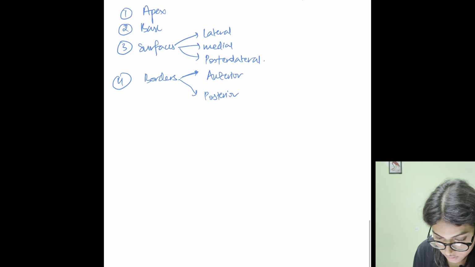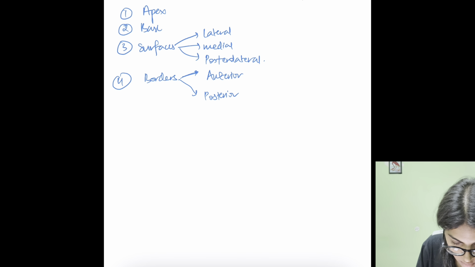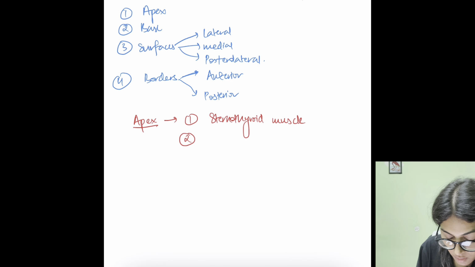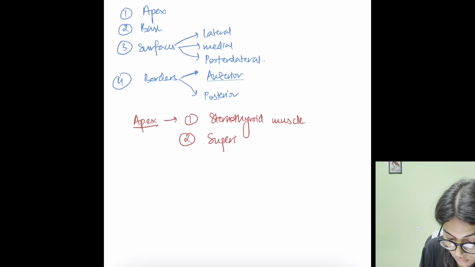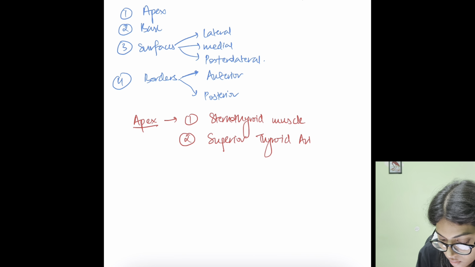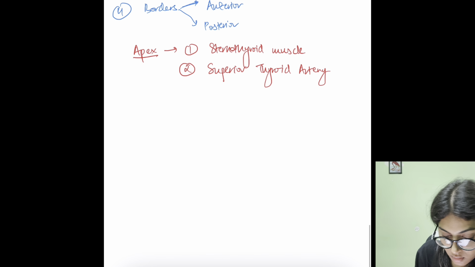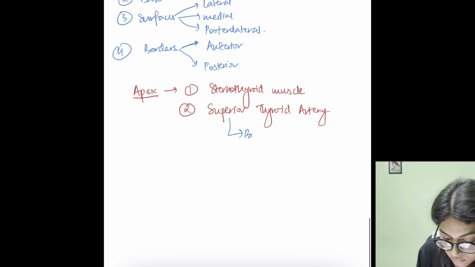Let's discuss the relations of the apex. The apex is attached to, first, the sternothyroid muscle. Second, we have the superior thyroid artery, and the superior thyroid artery is a branch of the external carotid artery.